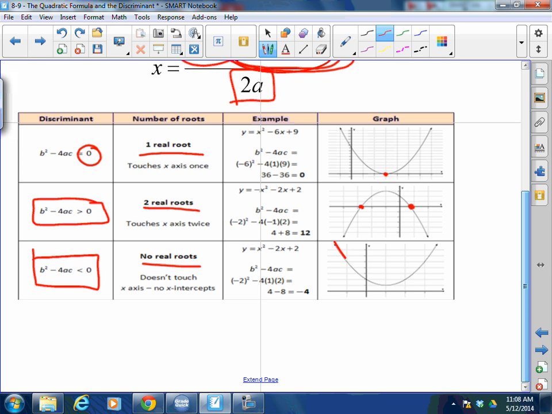That means that the graph never touches the x-axis. So if the discriminant is greater than 0, two solutions. If the discriminant is equal to 0, one solution. If the discriminant is less than 0, no solutions.